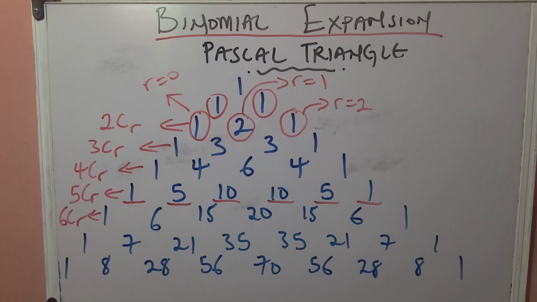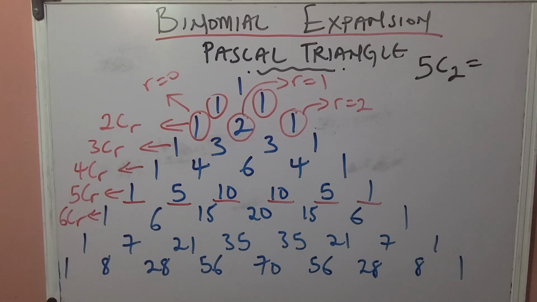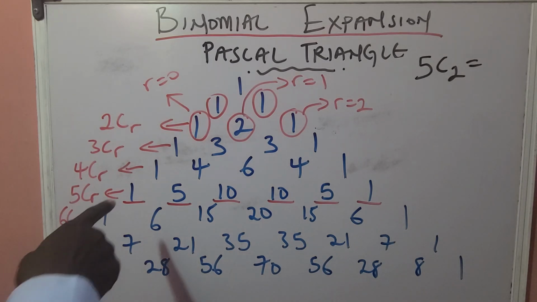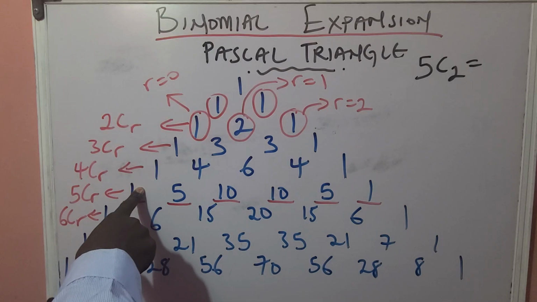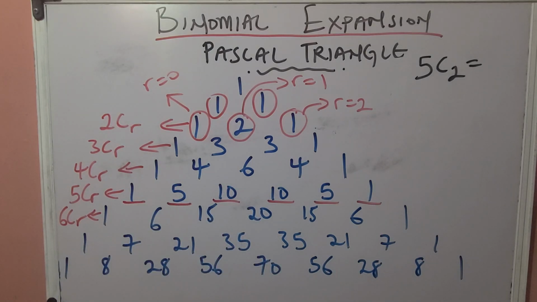So if I'm told to find 5 combination 2, for instance, I'll identify on the Pascal triangle: this was when R was 0, this is 5 combination 0, 5 combination 1, 5 combination 2. So my Pascal triangle will tell me that 5 combination 2 equals 10.